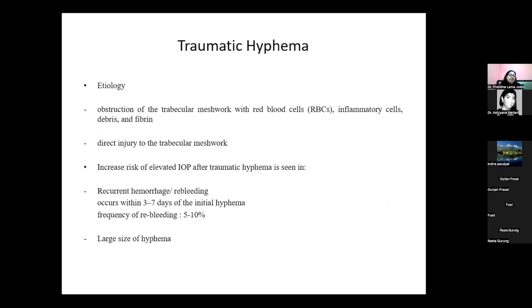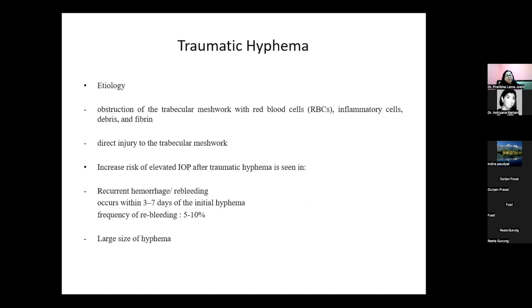Among them, traumatic hyphema, we can see raised intraocular pressure and secondary glaucoma. Etiology is obstruction of the trabecular meshwork with red blood cells, inflammatory cells, cell debris, and fibrin. And it may be due to direct injury to the trabecular meshwork, which will impede the aqueous outflow.